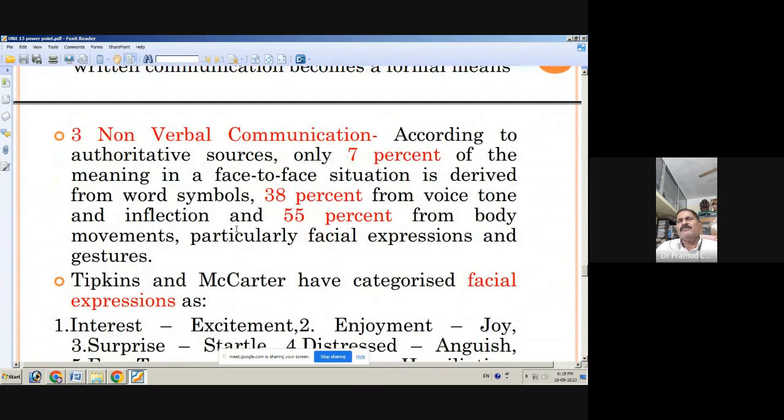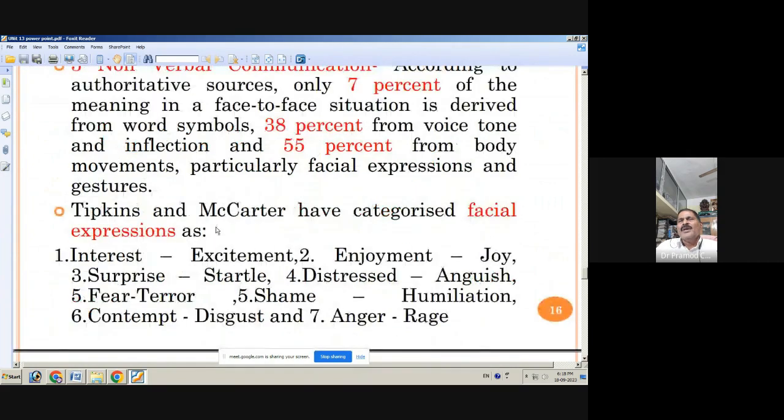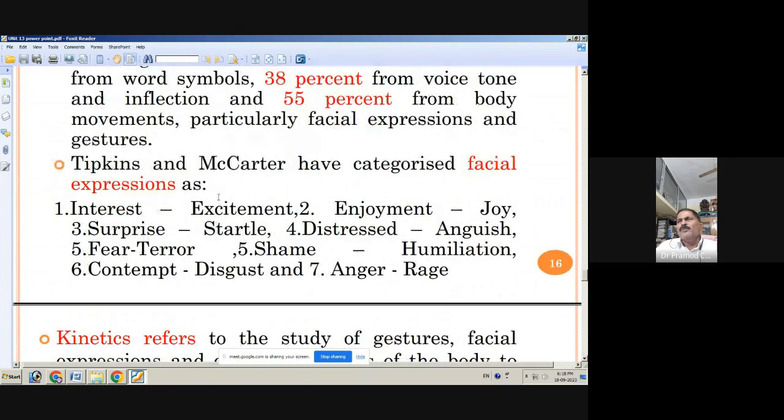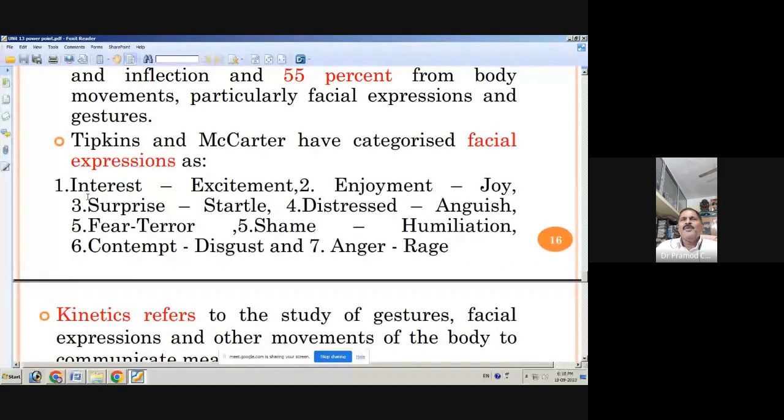Non-verbal communication, you know that non-verbal communication means you see the facial expressions. Suppose if you have the interest, then automatically you are having the excitement. If you are in enjoyment, then you can show the joy.